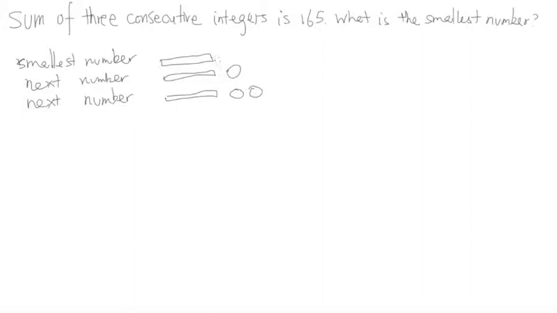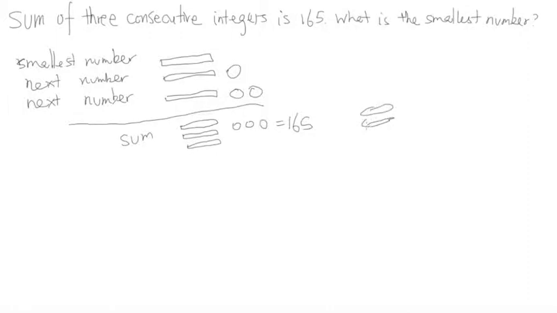Now what we know is that if we add them up together, the sum is three bars and then three circles, and that equals 165. The circles represent 3. So the three bars are just 165 minus 3.